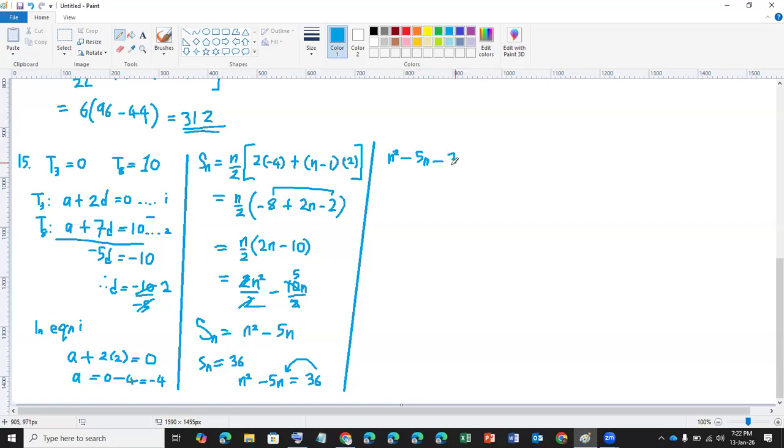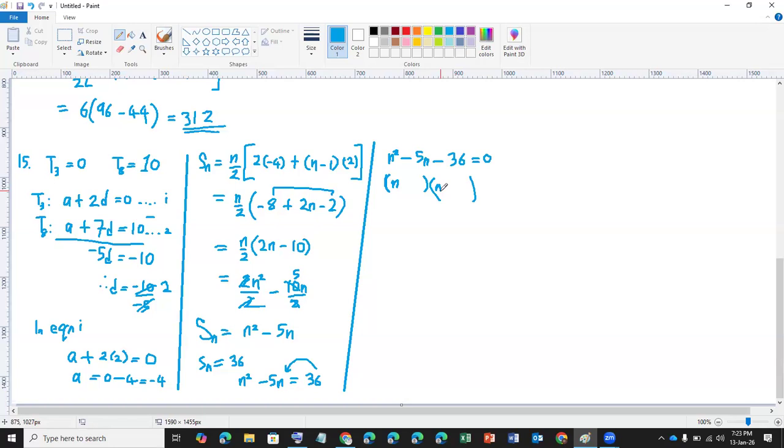Do you remember the method of solving quadratic equations with two brackets? Yes, exactly, two brackets, and then you will guess what should be in the two brackets. What two numbers, when I multiply them, will give me minus 36, and when I add them, will give me minus 5?